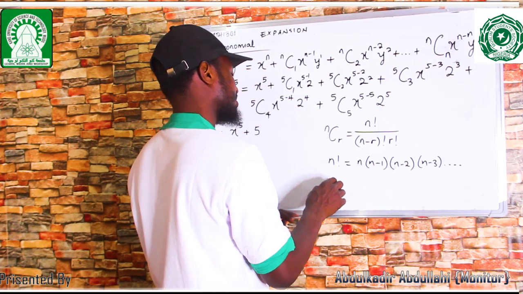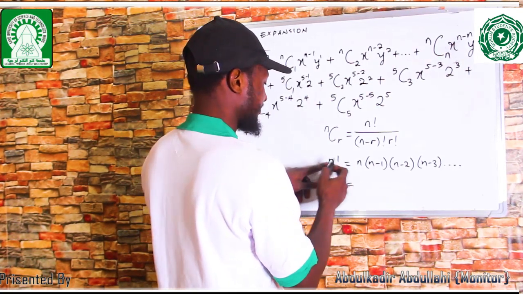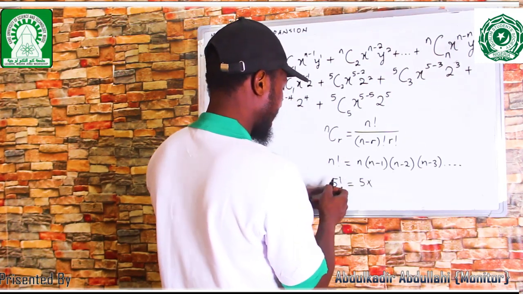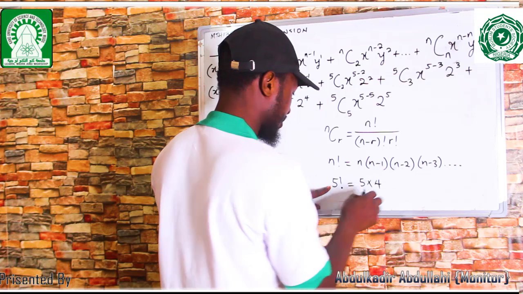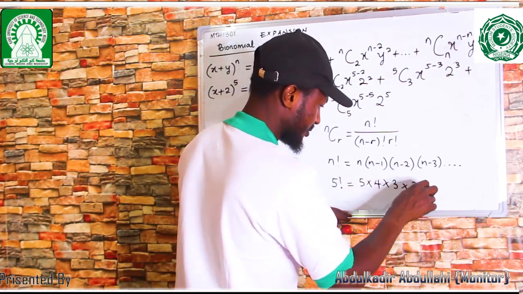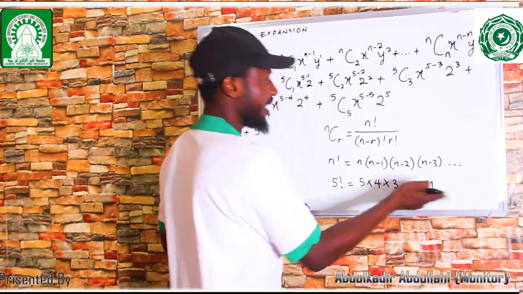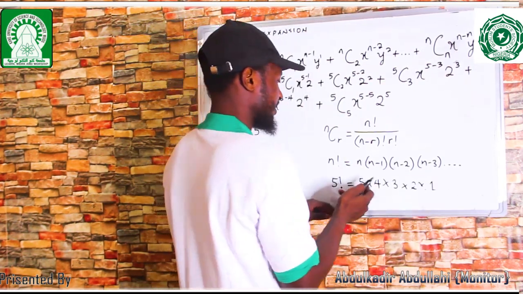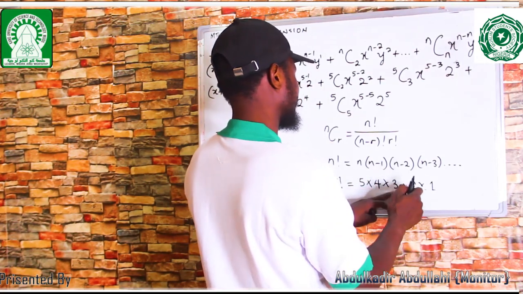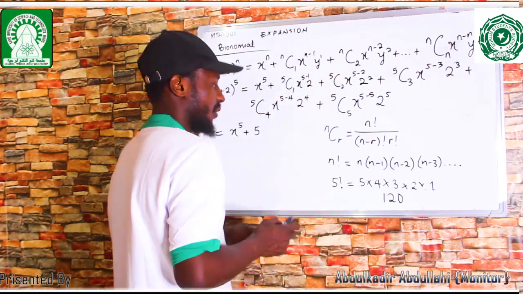For instance, 5 factorial means 5 times 4, then 3, 2, and this is the end. Then you multiply the numbers all together: 5 times 4 is 20, times 3 is 60, times 2 is 120. So 5 factorial is 120.